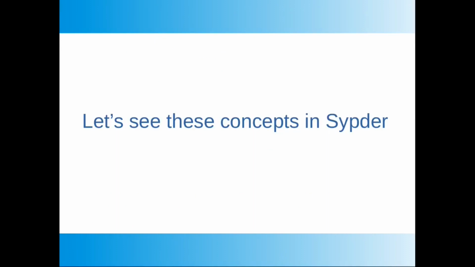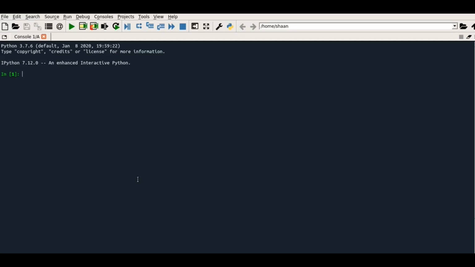So let's see these concepts in Spyder by taking some examples. First we will create a variable, but here is a twist: we will not assign any value to this variable, and we will see what happens. So let us use a, and when I press enter, an error is generated, and if you look closely, the error is NameError, and it says name 'a' is not defined.